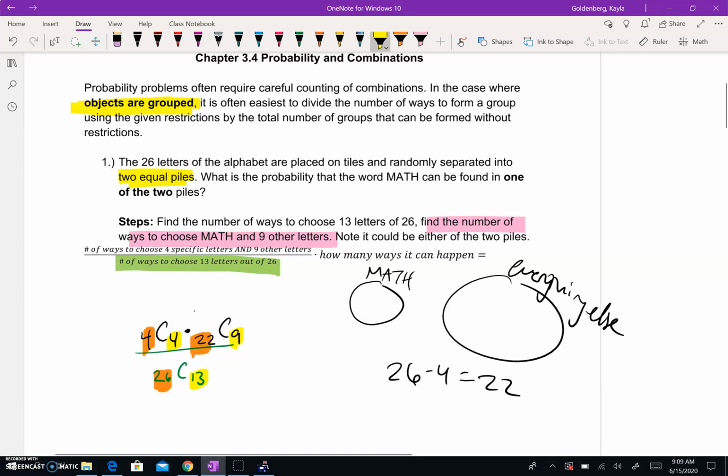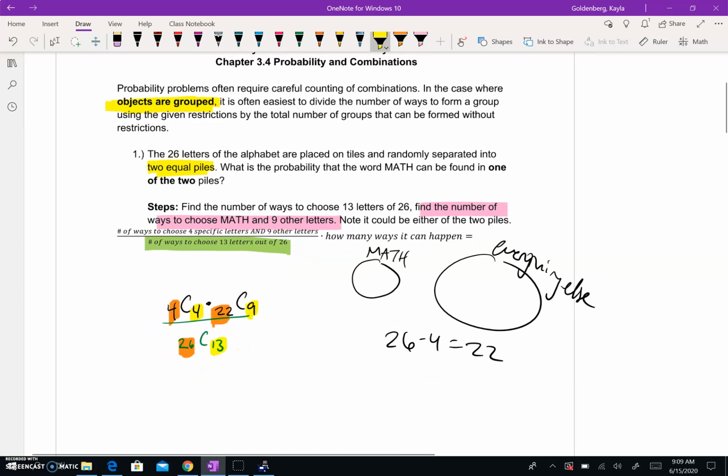And on the top, you can have one thing. Sometimes we might have 2 or 3 things going on depending on the complexity of the problem. And then on the bottom, we have the 13. That's the tiles that we are choosing, right? So on the top, we also need to be choosing a total of 13 tiles. And that's coming from 2 distinct places in this case, okay? So I just wanted to point that out here just to make it clear.